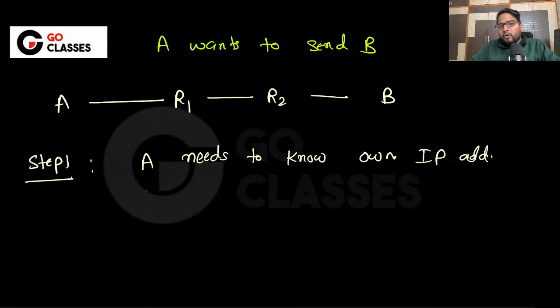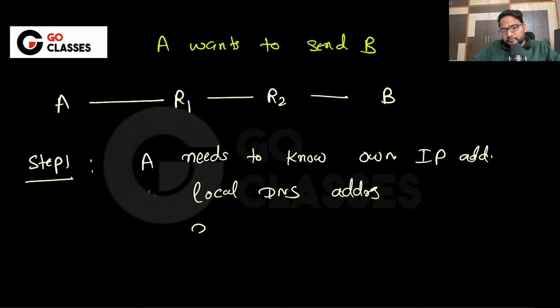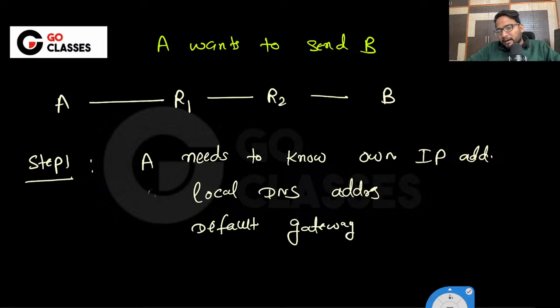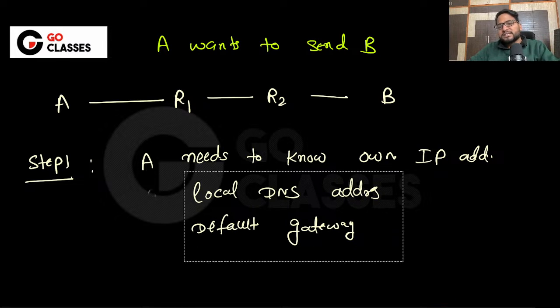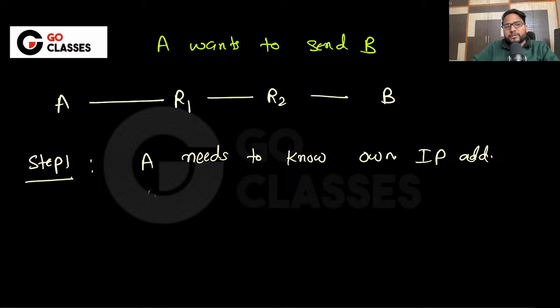Generally A needs to know its own IP address, local DNS, and also the default gateway, right? So basically, as a first step, it just needs to know its own IP address to communicate with the internet.